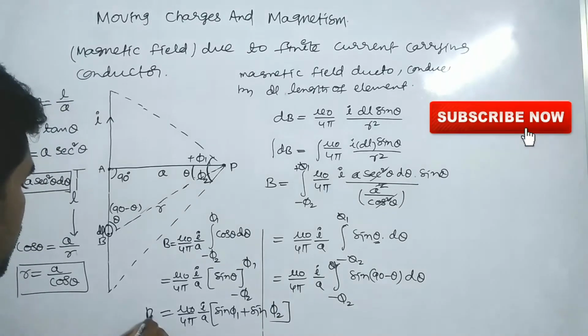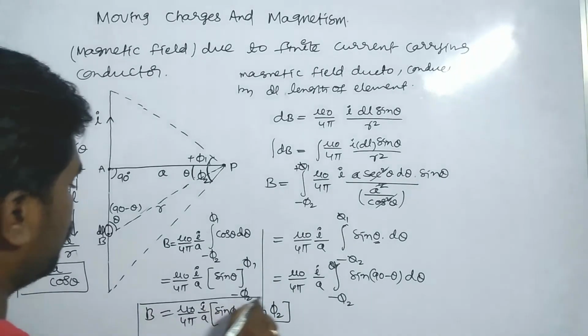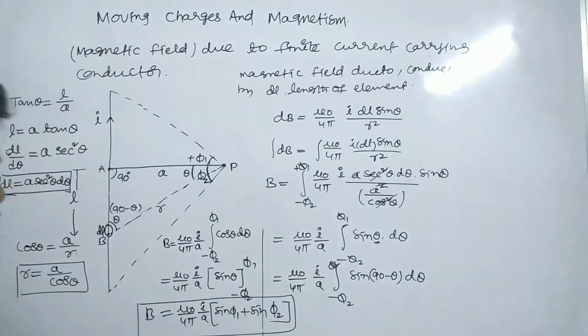So here this is the intensity of the magnetic field due to a finite current carrying conductor. B is equal to mu naught by 4 pi I by a, sin phi 1 plus sin phi 2. Very important.